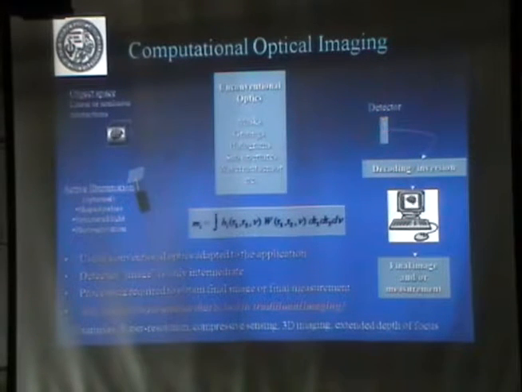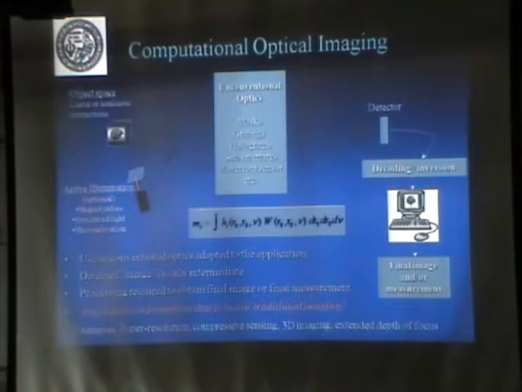But what you get here is not necessarily a one-to-one correspondence between the object and the detector. Normally with your cell phone camera, you take a picture and you try to make a one-to-one correspondence between each point here and each point here. Here you can have a different transformation and then use the computer to reconstruct. That's what happens in tomography, for example.